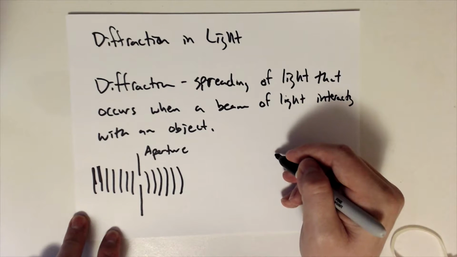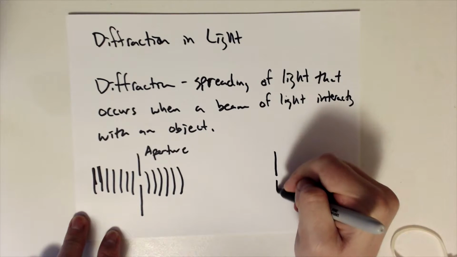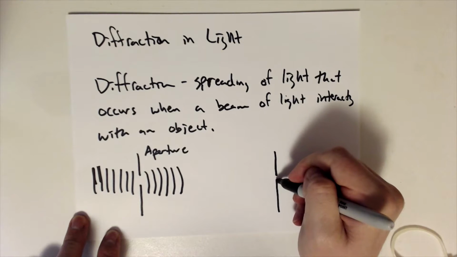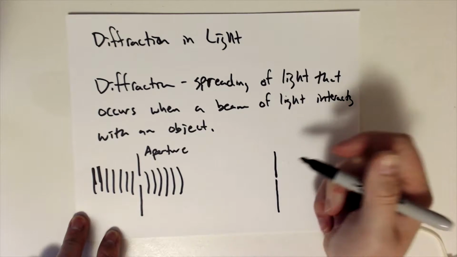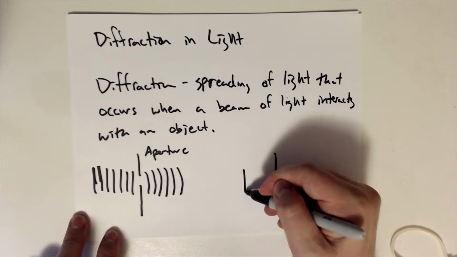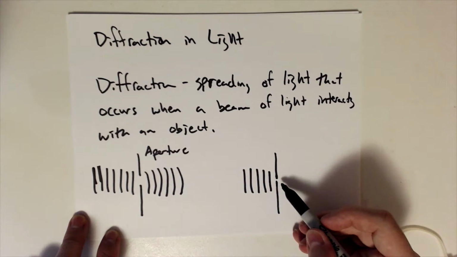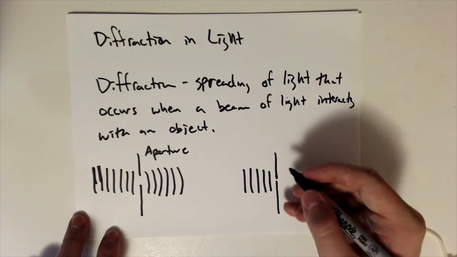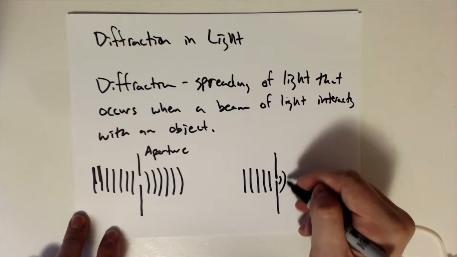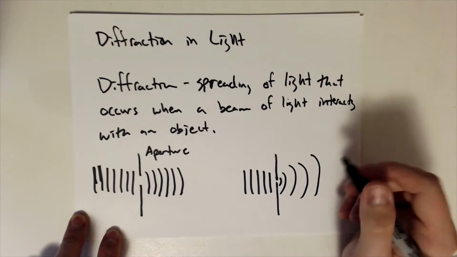If we look at a different case where we have a really small aperture, the opening is very small. Those same wavefronts encounter this aperture, and what happens with this small opening is that we have lots of spreading.